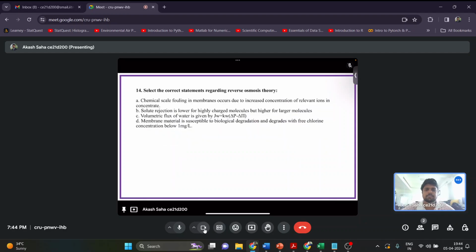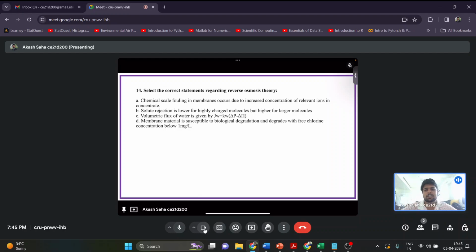Now next problem. Select the correct statements regarding reverse osmosis theory. So we have to talk about the reverse osmosis theory here. Chemical scale fouling in membranes occurs due to increased concentration of relevant ions in the concentrate. Solute rejection is lower for highly charged molecules but higher for larger molecules.